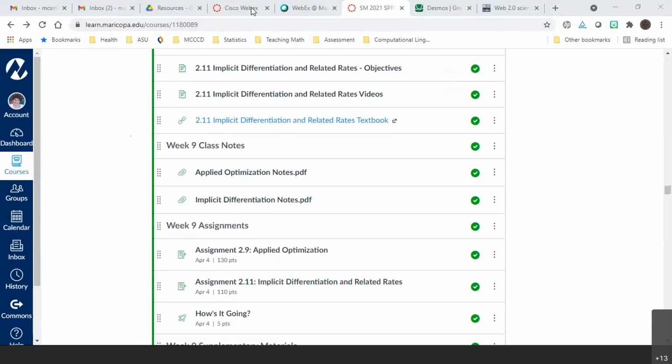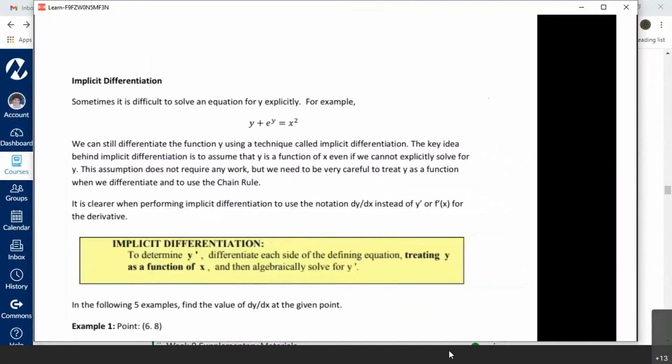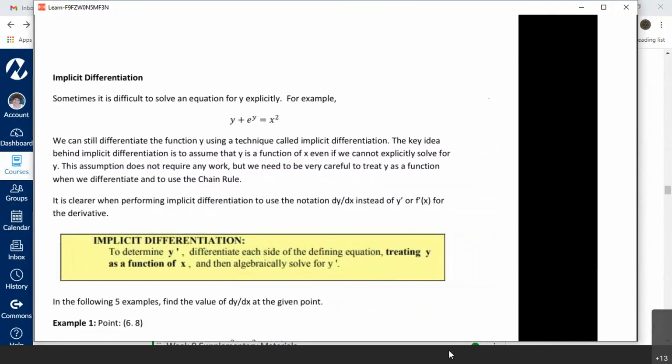Okay, and let me share the content with you. We should be in a place where everybody sees implicit differentiation notes. It doesn't say notes, but they are notes.